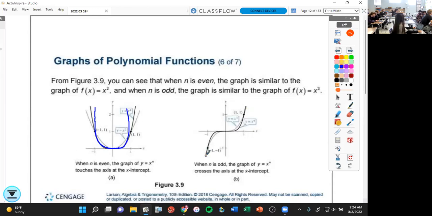X to the fifth is over here, x cubed is on the outside. So even x to the fifth is going to be steeper. It's harder to tell here. Okay. Any other observations?